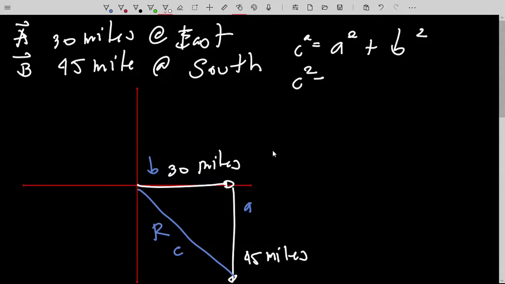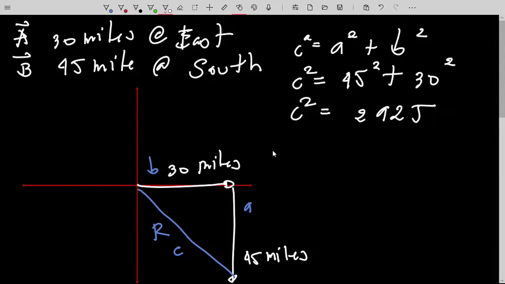C squared is equal to the value of A, which is 45 squared, the value of B is 30 squared. Now C squared is equals to 45 squared plus 30 squared, which is 2,925.